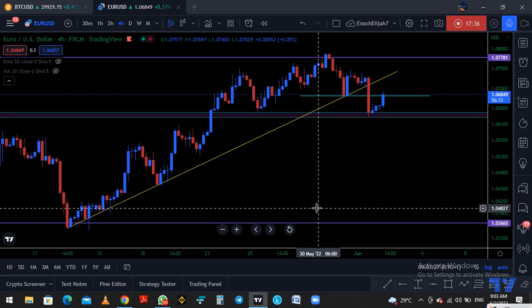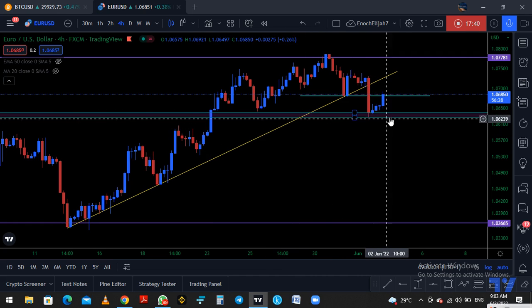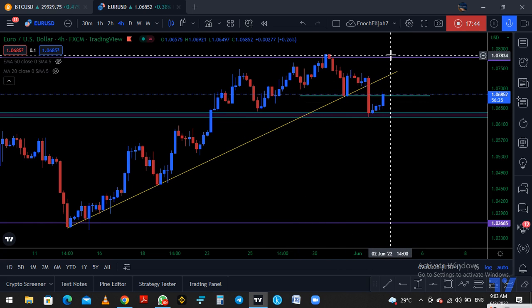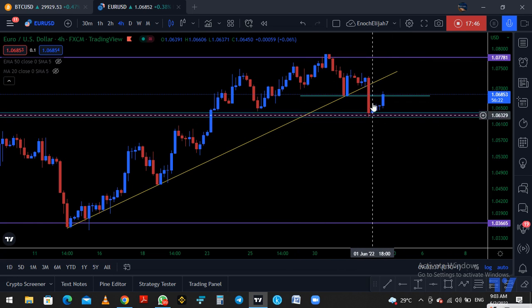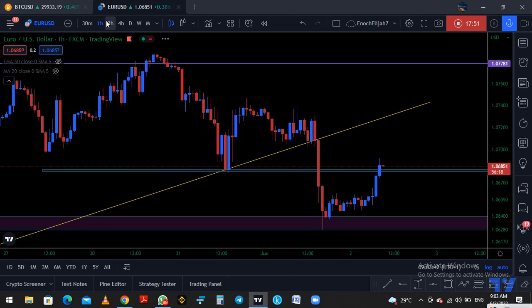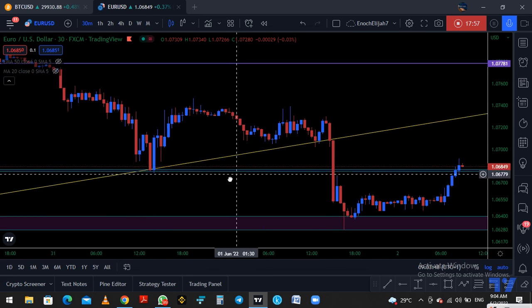But to be on the safer side, I will not buy or sell yet. I will rather wait for a break of this support to sell and a break of this resistance to buy. But for day trades, you can see some buying opportunities.